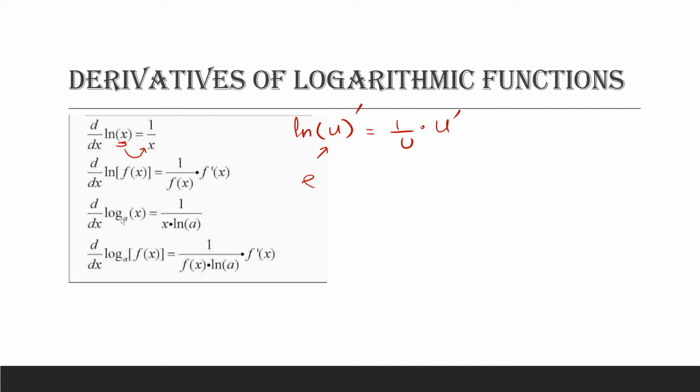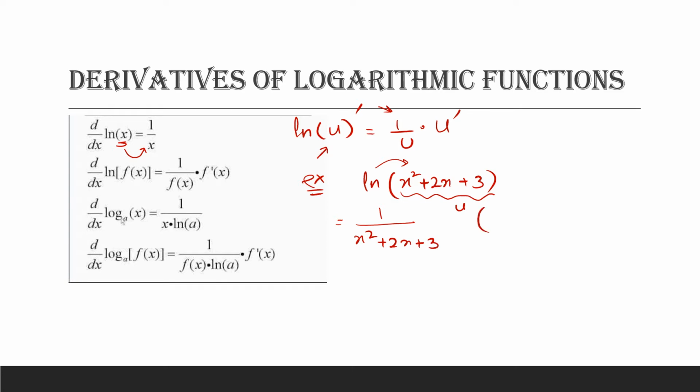So let's see an example of this one. For example, if I have ln of x square plus 2x plus 3, how can we take the derivative? The derivative will be 1 over u. So this whole thing which is written after the ln will be u. So the answer is 1 over x square plus 2x plus 3 as it is, and u prime.